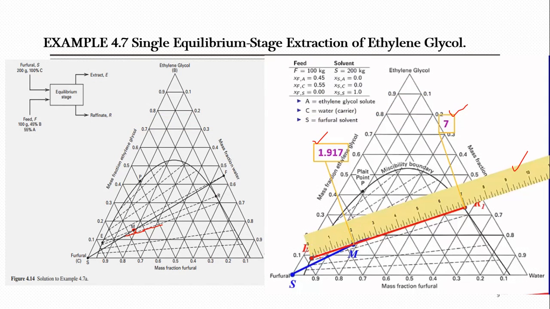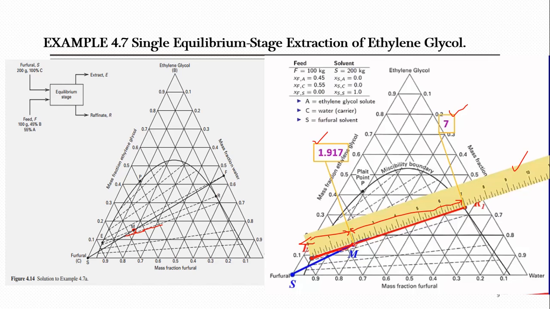Here you can see we have to use some distances and calculate E and R. Overall, this M is located in between E and R. The distance from E to M is EM, and the other is from M to R, which is MR, and that will be 7 minus this 1.917.